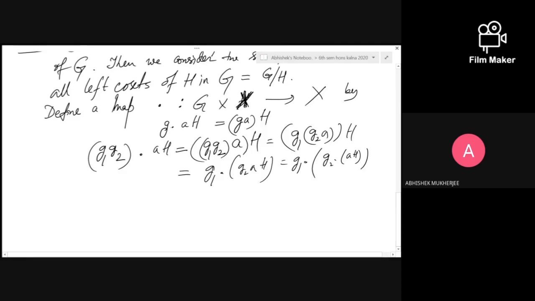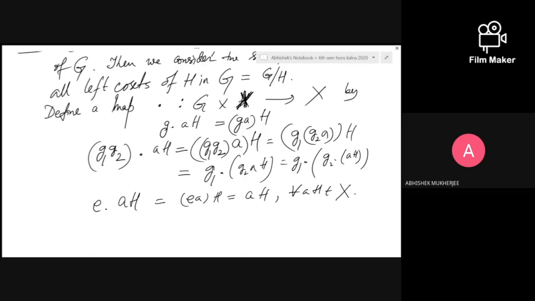Now for condition 2, the identity of the group is e, then e dot aH goes to eaH, that is aH, and this is true for all aH belonging to X. So this proves that the map dot satisfies both conditions 1 and 2.